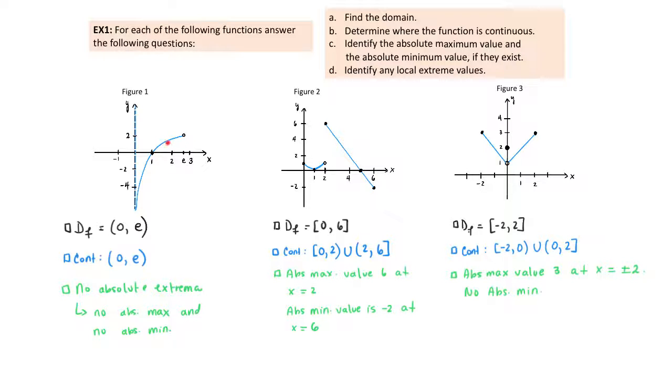So we're just going to be looking at what happens in the domain of the function, avoiding the endpoints. So in this case, we will say that there are no local extrema at all. All right, so no mountains or valleys, and no places where the function is not differentiable.